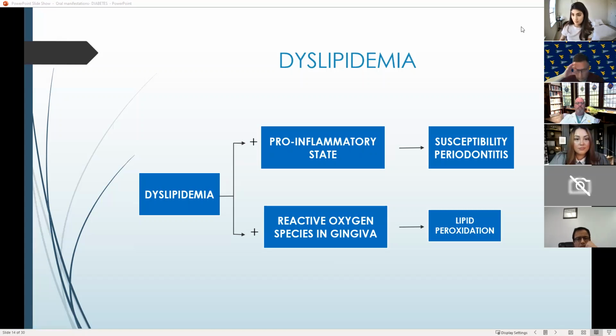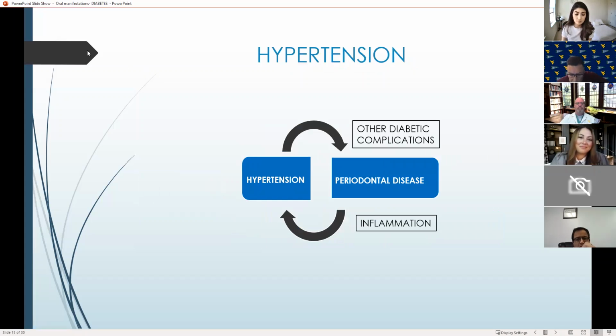Next, regarding hypertension, it is hypothesized that hypertension is associated with periodontal disease, although the majority of studies interpret this relationship as periodontitis being a risk factor for hypertension through inflammation.